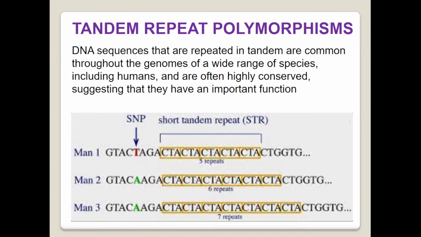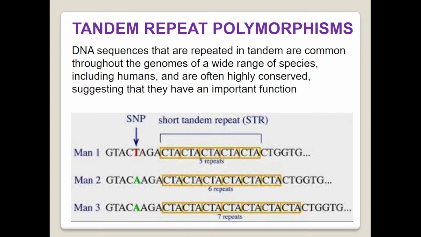What does tandem repeat polymorphism mean? On this slide, we will speak about short tandem repeats. Short, 3 nucleotides in the right part of our picture repeat in man 1 5 times, in man 2 6 times, in man 3 7 times.